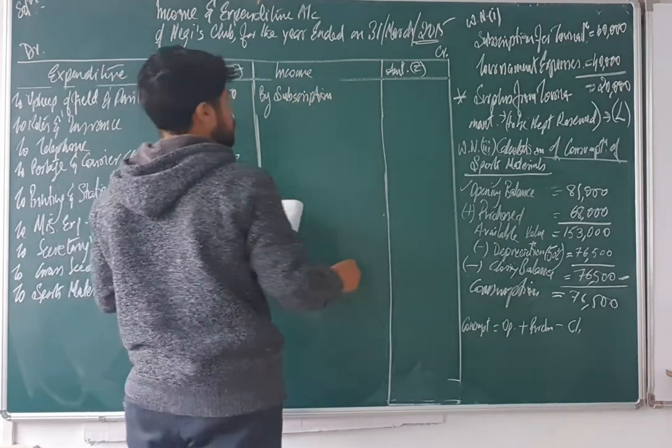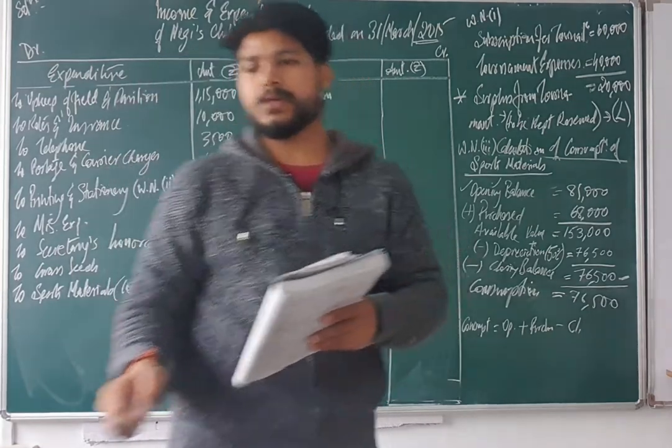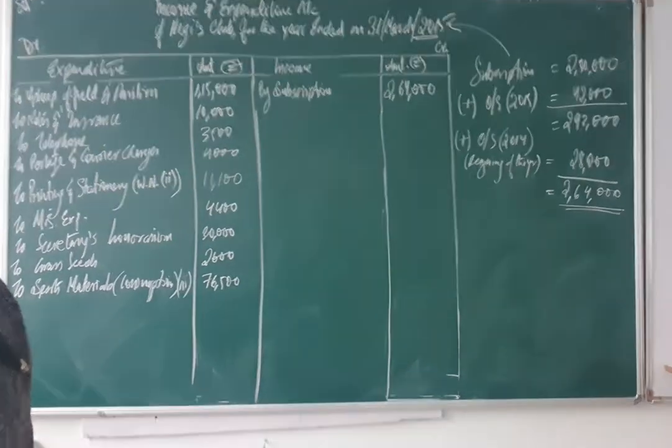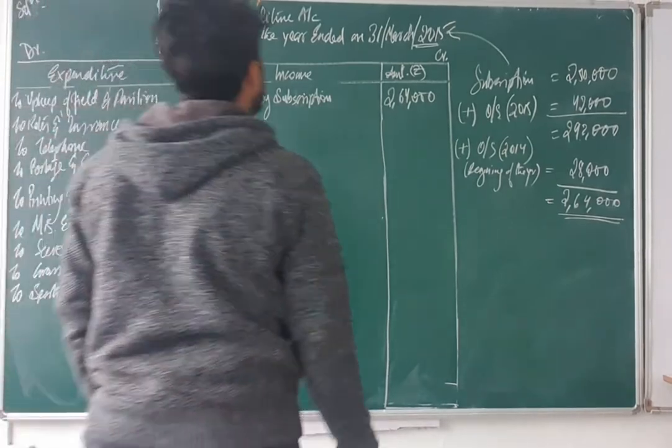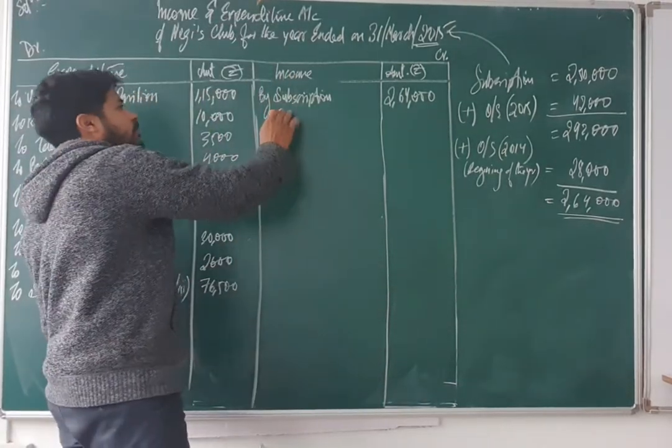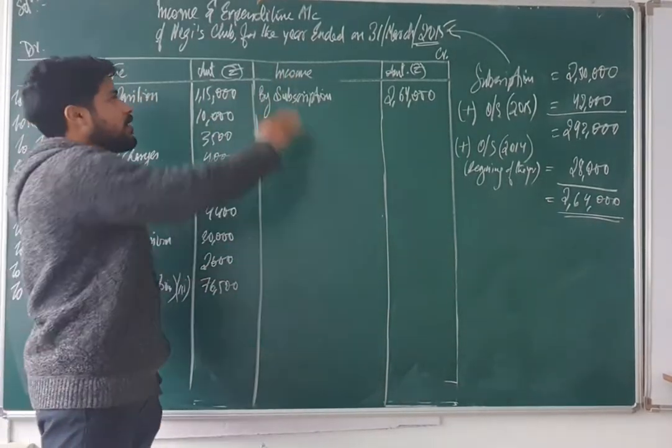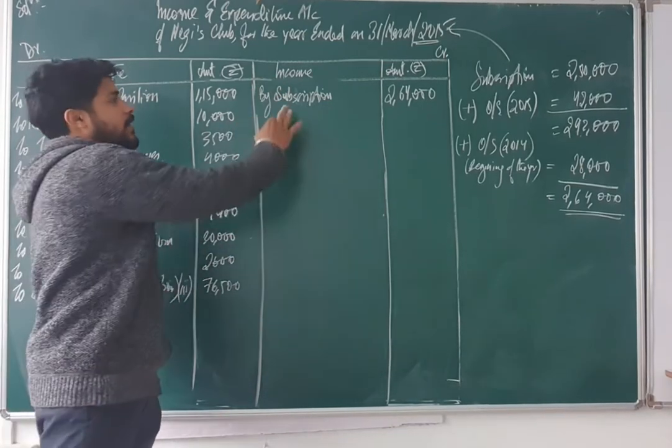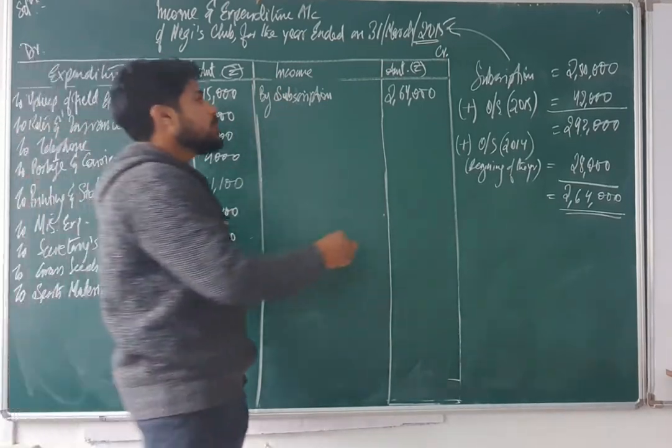Okay, let me calculate. I'm explaining again. Check, when you have to write down subscription here in the income side, just write down the word subscription and go to the working note.